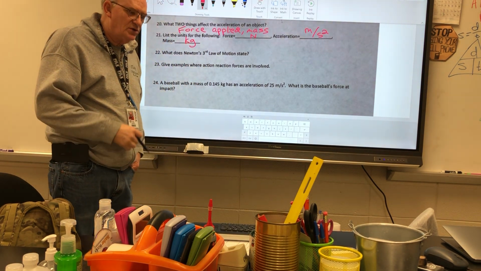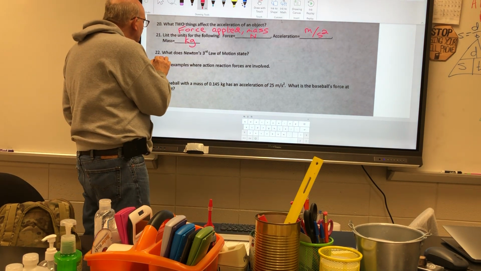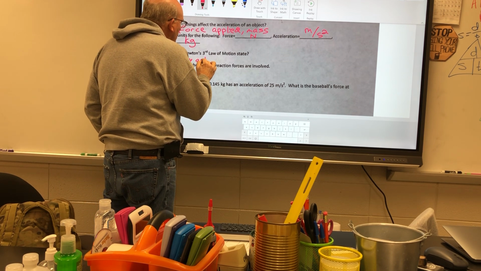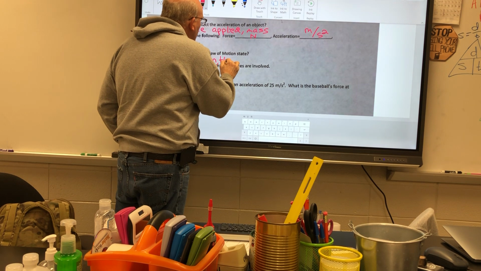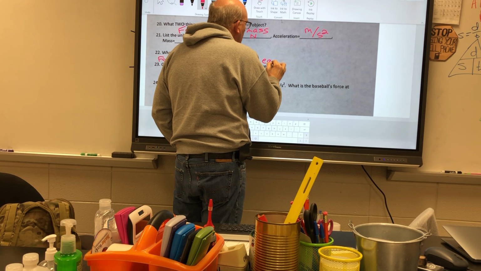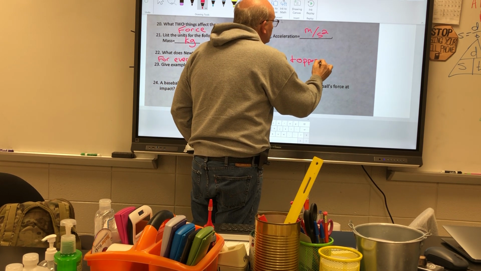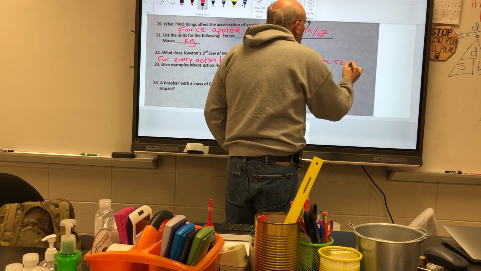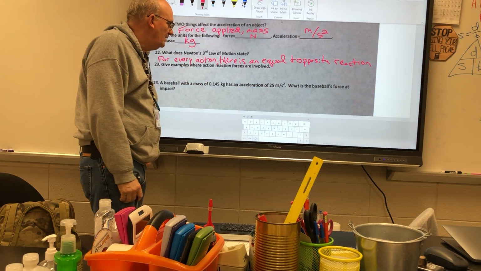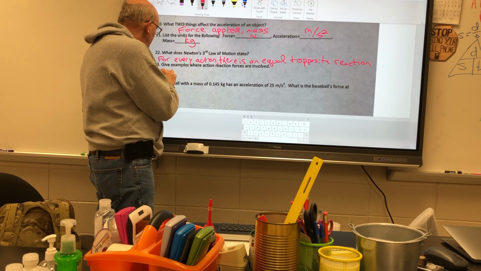Newton's third law of motion states that for every action there's an equal and opposite reaction. Examples of reaction forces include a car wreck.